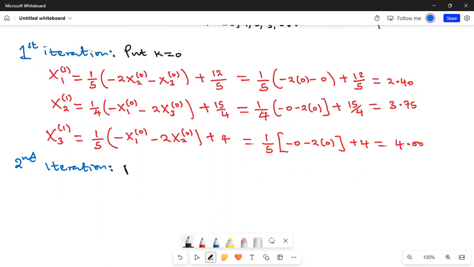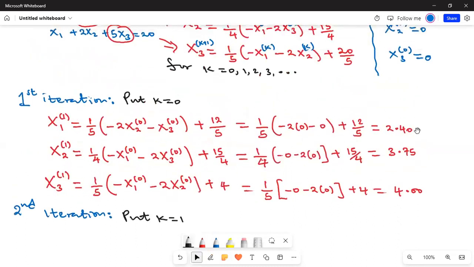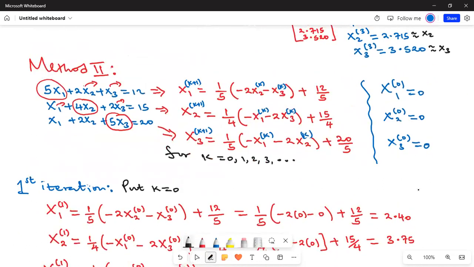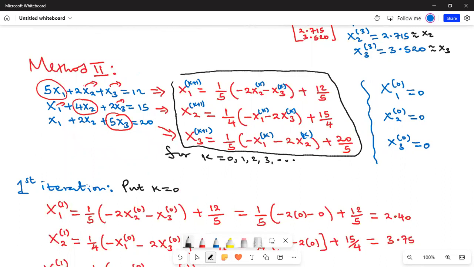In this case, now you put k is equals to 1 in the iterative system. This is our iterative system. So with k is equals to 1, what are we going to get? We start with the first equation.